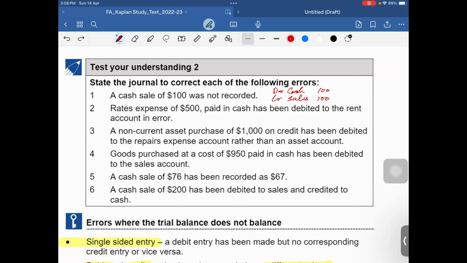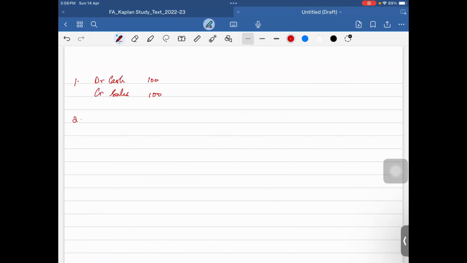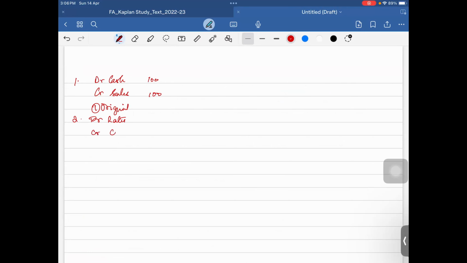Rates expense of $500 paid in cash has been debited to rent account in error. So what is the original entry? Debit rates and credit cash, right? How much is it? 500.